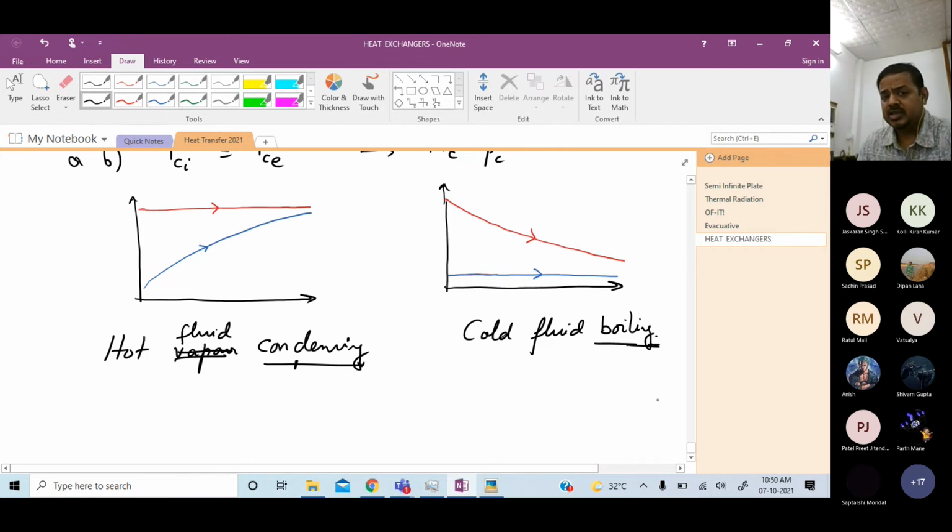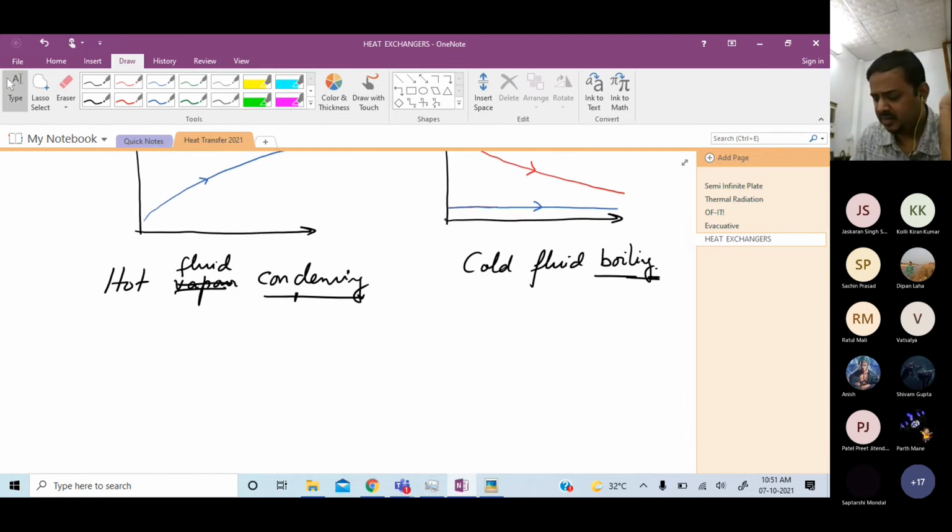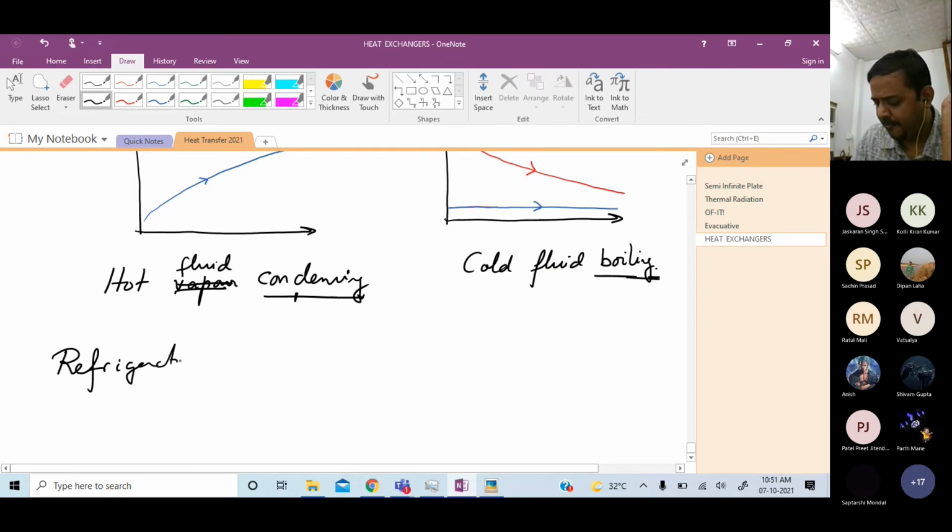Where have you seen this? The hot fluid is condensing. Remember the refrigeration cycle? T-S diagram. Vapor dome. What happens?